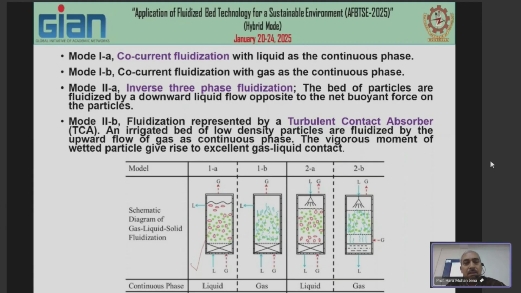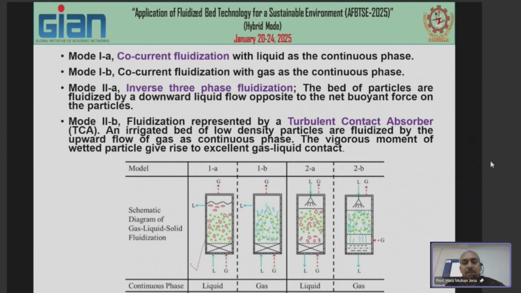Then mode 2A, it is liquid in the downward flow and gas in the upward direction, that is the counter-flow operation. Inverse three-phase fluidization, the bed of solid particles is fluidized by downward liquid flow opposite to the net buoyant force on the particles. So here the particles are usually lighter than the liquid.